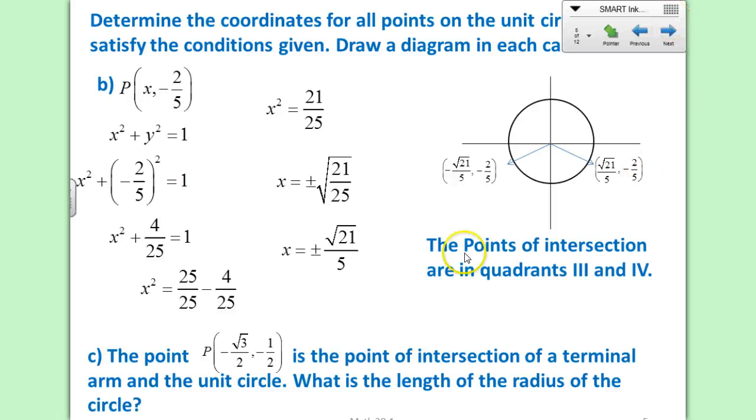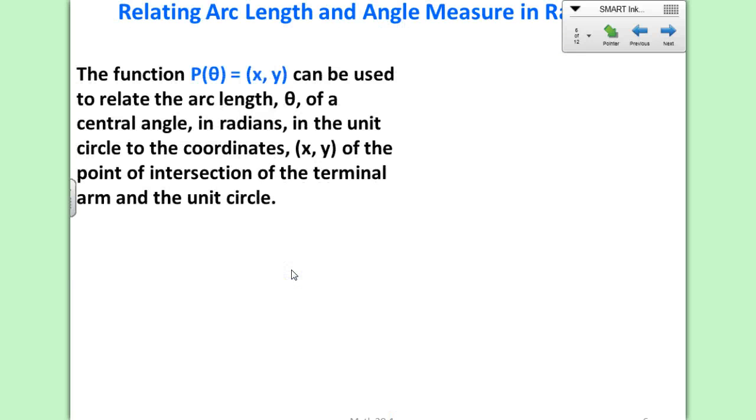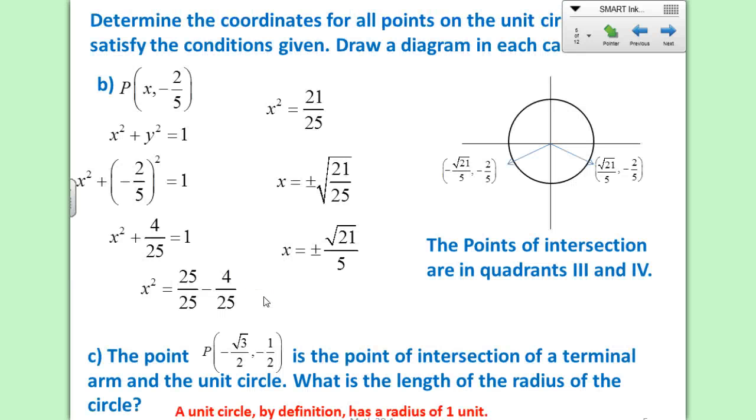What about the point minus root 3 over 2 and minus 1/2? Is it a point of intersection, or what is the length of the radius, right? So we have the point on the unit circle. What is the actual length of the radius? Once again, we know the unit circle is defined by a radius of 1 unit, so if it's on the unit circle, the radius is 1.